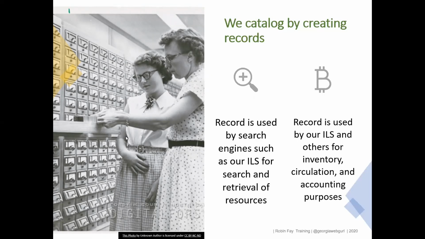We talk about ILSs today, we talk about our search, we talk about our websites. Think about where things were, if you can remember the olden days, or if you were not around in the olden days, then go look at the Internet Archive, the Wayback Machine, pick some library's website and see how far back it goes, because it probably doesn't go back much further than the late 1990s.